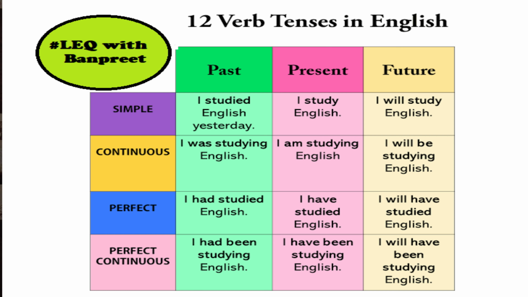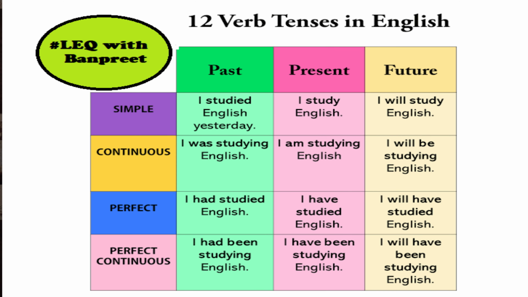For example, the first one is past: past simple, past continuous, past perfect, past perfect continuous. Likewise we have to do it for the present: present simple, present continuous, present perfect, present perfect continuous, and the same is for future: future simple, future continuous, future perfect, future perfect continuous. I hope this chart helps you to understand.